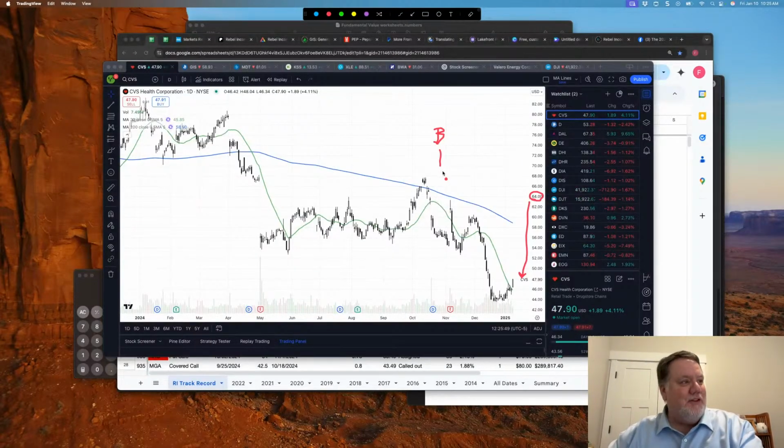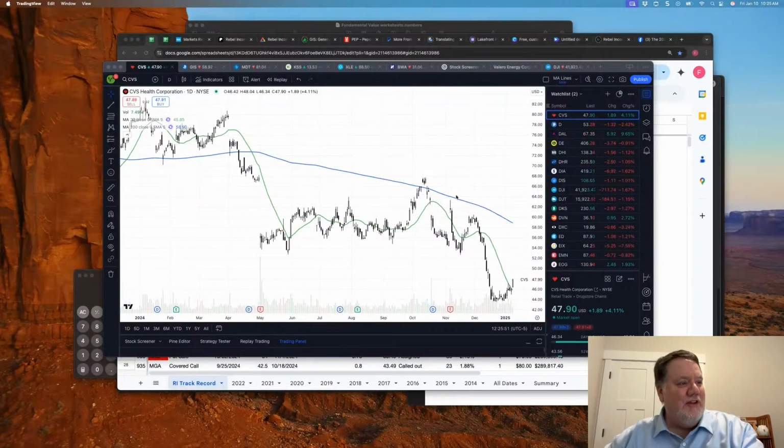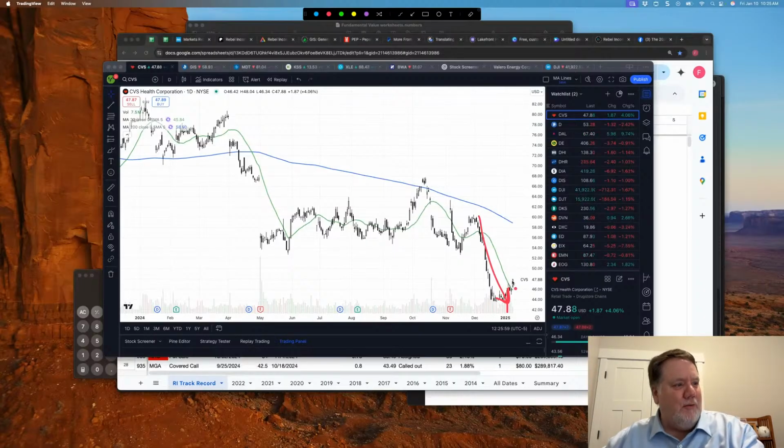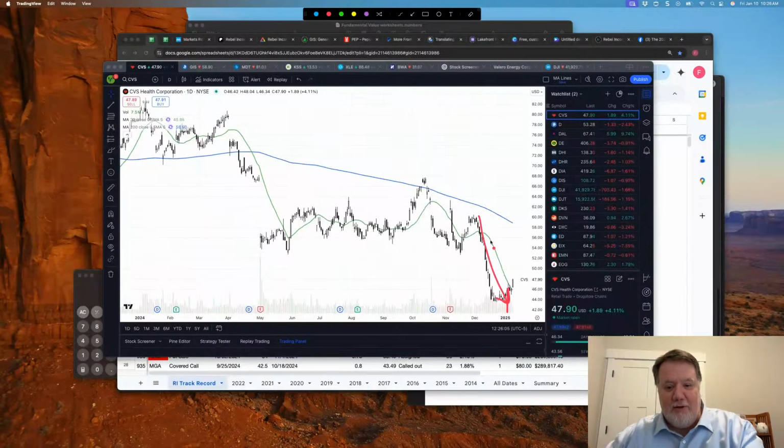But these are the kinds of things where when you see a decline like this, sorry, that line looks a lot more severe than I wanted it to. But when you see this, if this doesn't feel like a gut punch, I don't care how large or small the position is. When that happens, that's not fun.